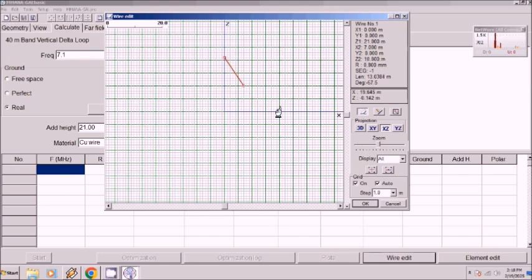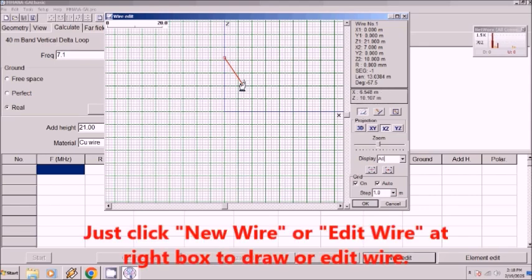Okay, now 13.0384. Yes, we lengthen it a little bit. Too long, 15 meters.